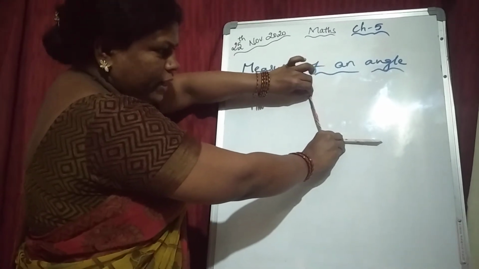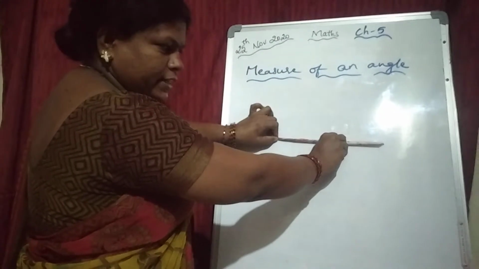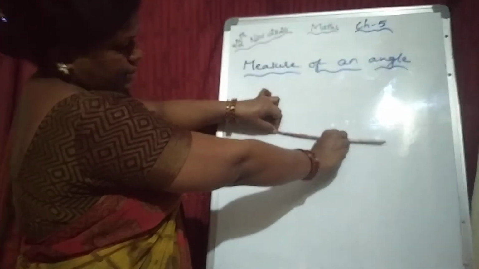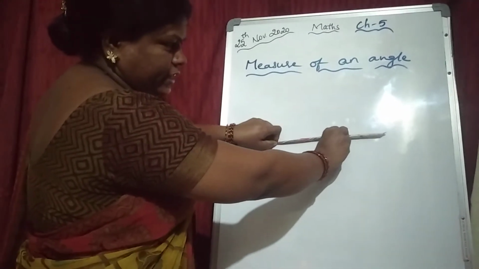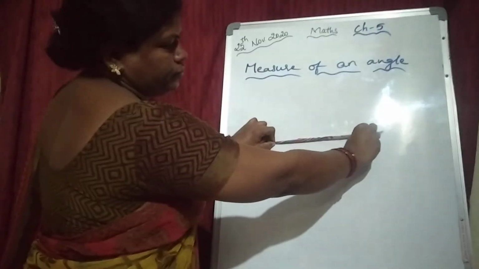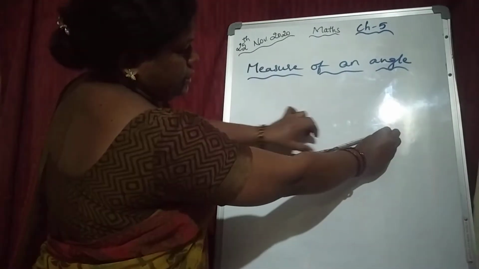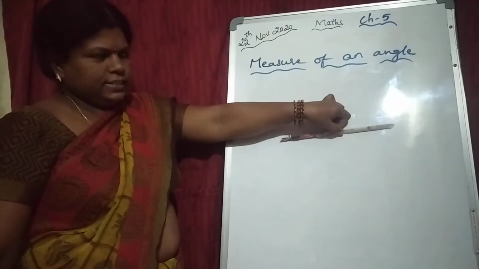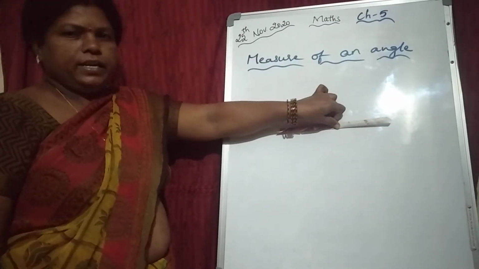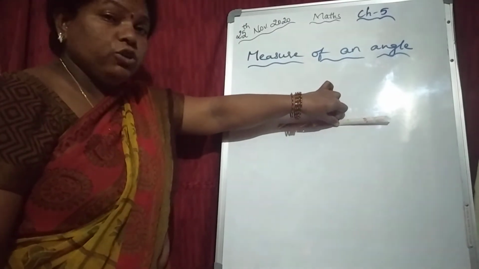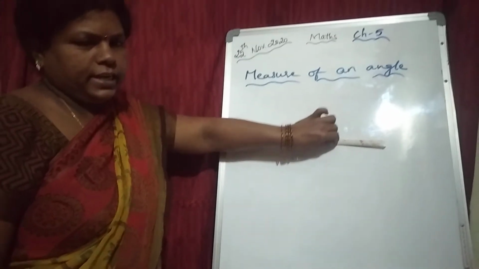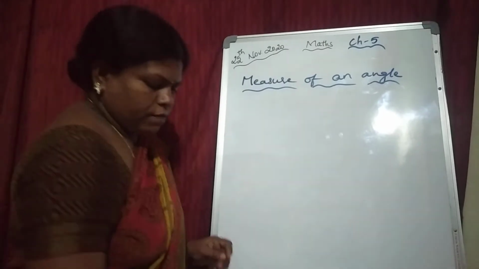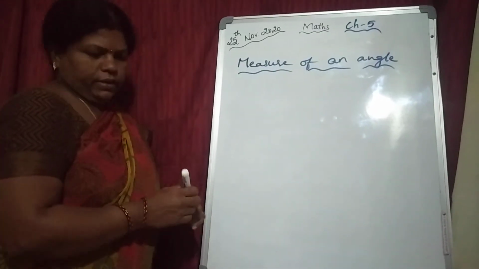From 91 degrees to 179 degrees we call it an obtuse angle. 180 degrees is a straight angle. Less than 90 is acute, more than 90 is obtuse. Yes, clear, children? Now we'll write the table for this.